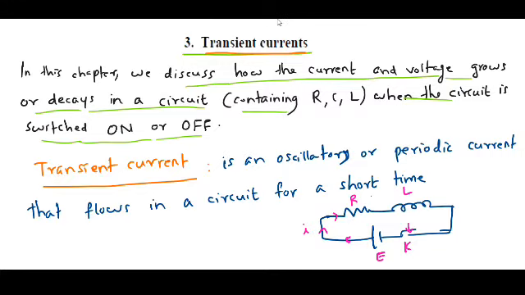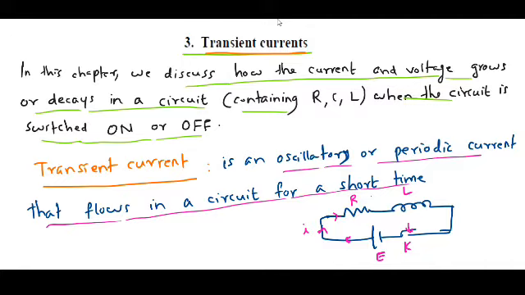Okay. Then the transient current means this is an oscillatory or periodic current that flows in the circuit for a short time. That is, when the key is just pressed, the current starts to grow very slowly, that means its magnitude slowly rises and increases, and reaches a steady value.